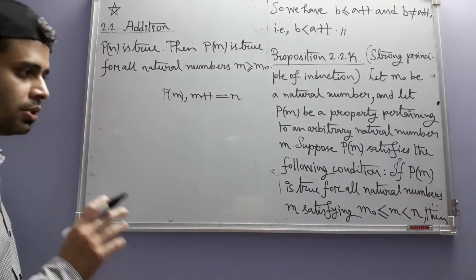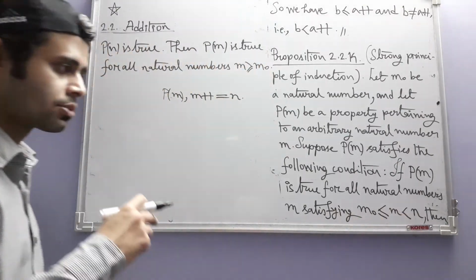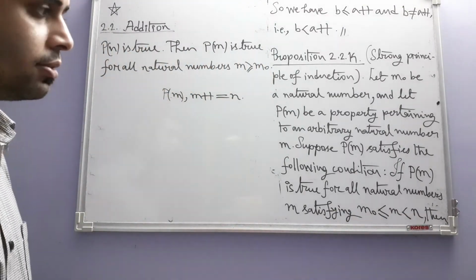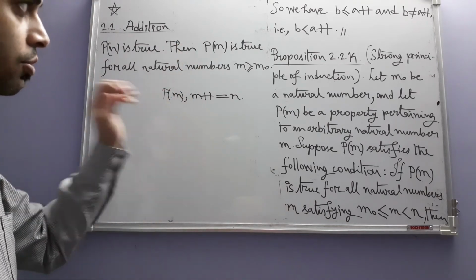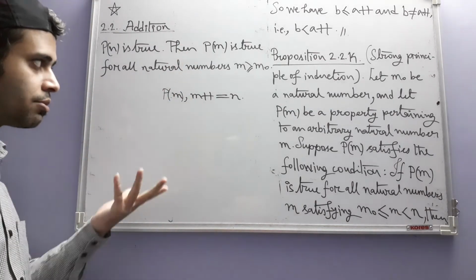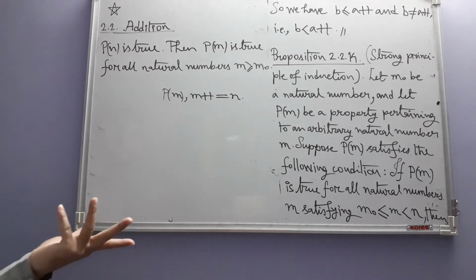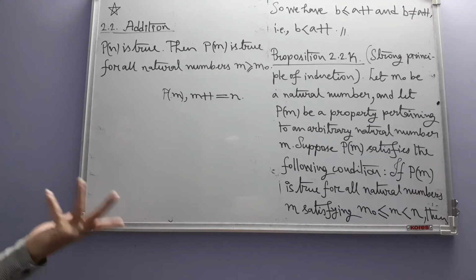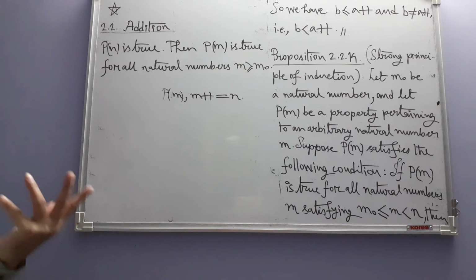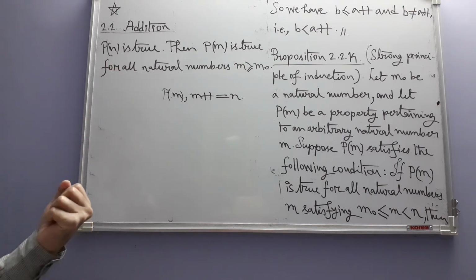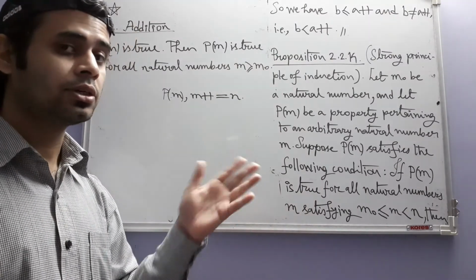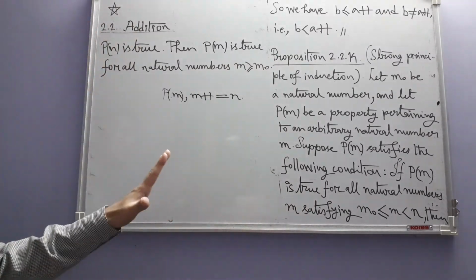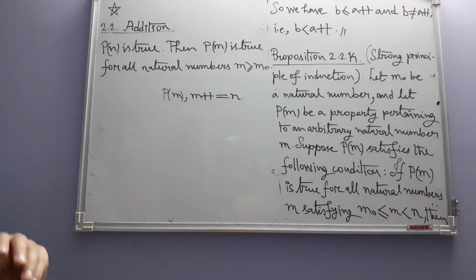Because the hypothesis is stronger than what we usually assume in our mathematical induction, it is called the strong principle of induction. This version of induction is also sometimes used, and without this it will be difficult to apply induction to some processes. Of course, if we apply this result, then we are not really applying induction, we are applying the principle of strong induction, which is a different result.